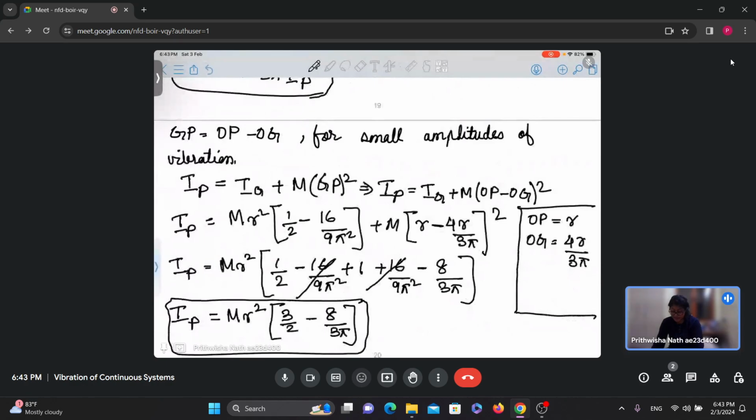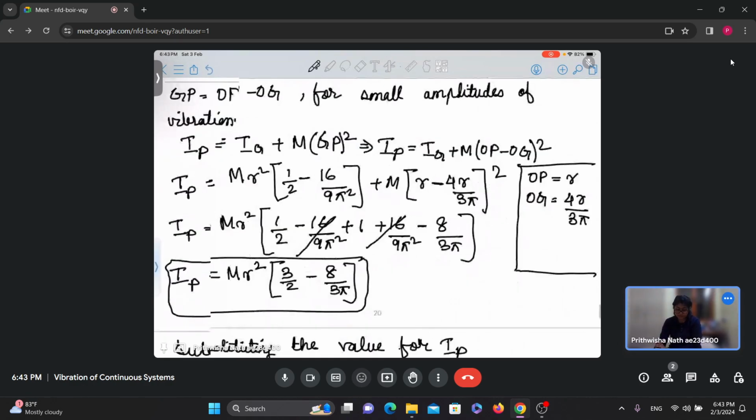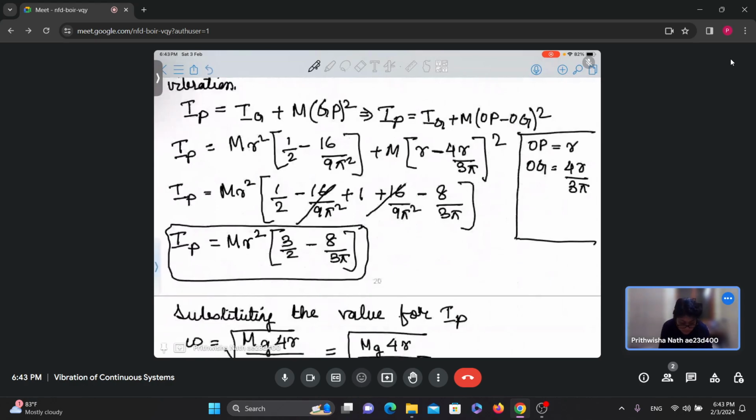Now just expanding this and taking mR square common, we get this expression for Ip. So my Ip becomes mR square into 3 by 2 minus 8 by 3 pi.